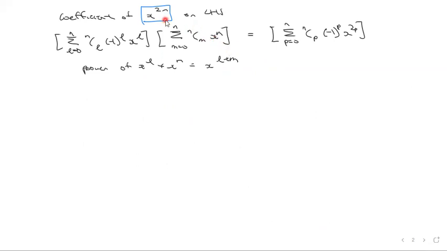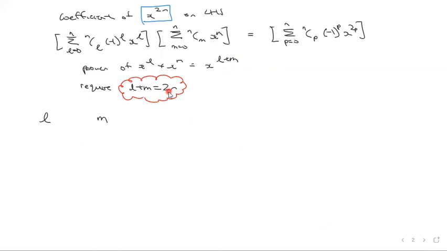And we want that to be 2r. So we require L plus m equals 2r. Now we need to consider all the possibilities of getting L and M within their ranges to become 2R, and you literally just run through them.